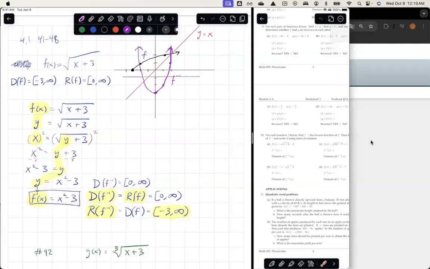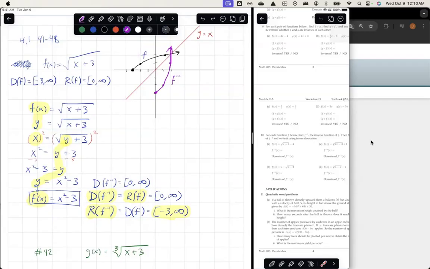There is a horizontal line test that tests whether or not a function is invertible, or has an inverse. And if a horizontal line crosses more than once, then it is not invertible. It does not have an inverse. And because of that, we restrict the domain of the parabola to only include half of the parabola. That way it will now be invertible.